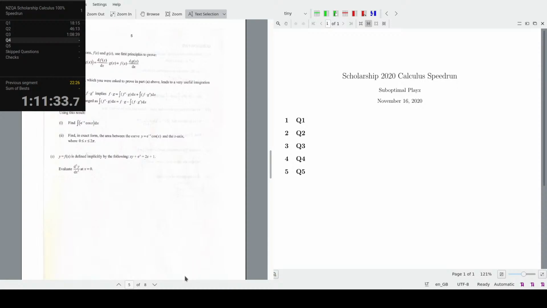So I'm just gonna try and do it properly, I guess. So basically the idea is that you have g of x here, g of x plus h minus g of x, times f of x plus h minus f of x, all over h, has to go to 0. That's the idea, I'm pretty sure.